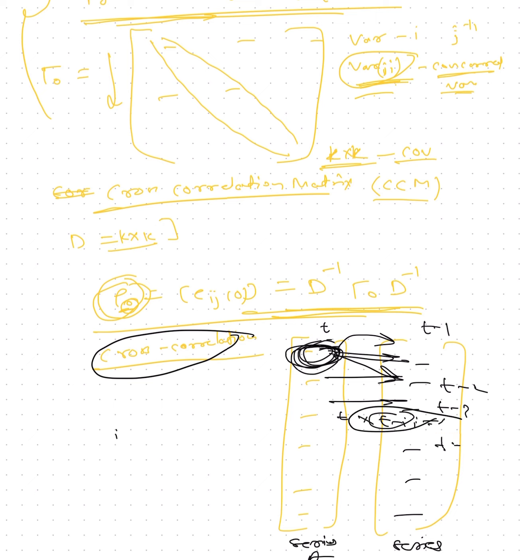When your i is zero, that is when you are finding the cross correlation between the series of observations at time t and here at time t, you can call it the concurrent cross correlation, and it has some properties.